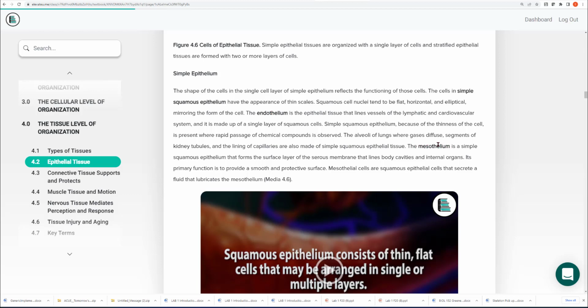Mesothelium is the special extra name given to the epithelial tissues that are derived from the mesoderm, from the middle layer of the early embryo. Mesothelium is also a code word for the serous membrane. So mesothelium and serous membranes, those are synonymous terms. Okay, so the pleura, the peritoneum, and the pericardium, the three serous membranes, are also referred to as mesothelia.